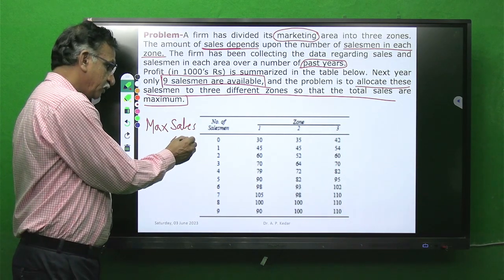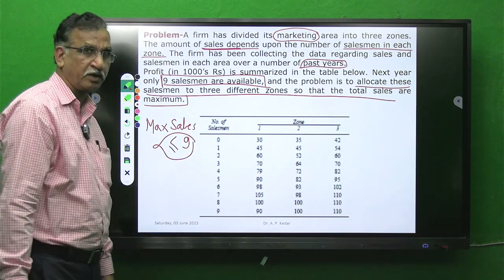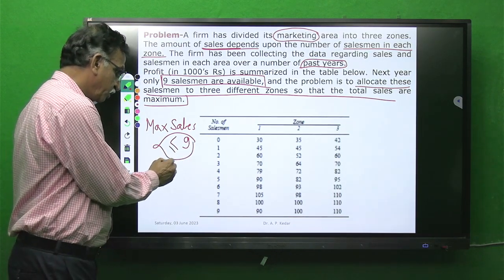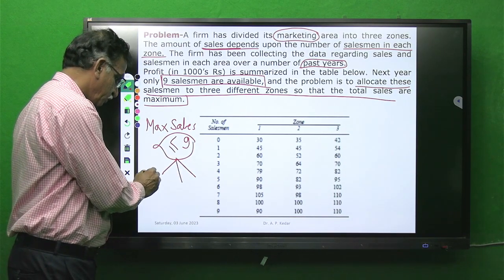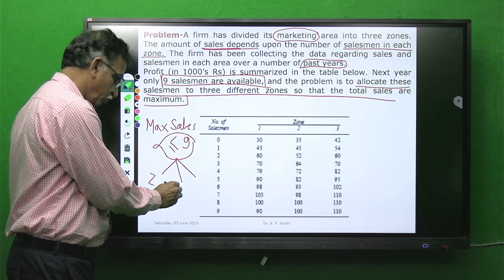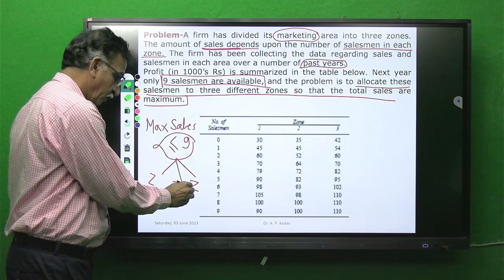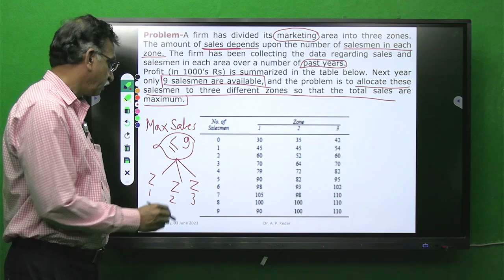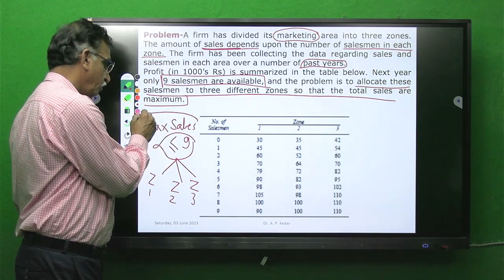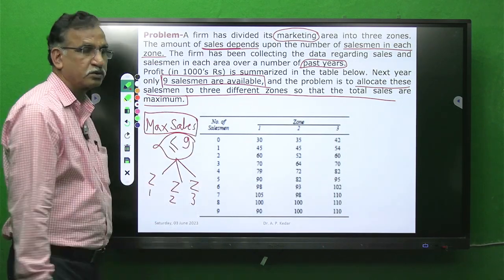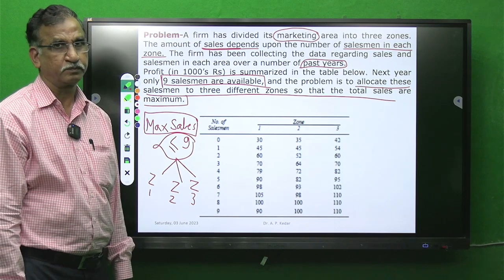With these constraints on the total number of salesmen available, and distributing these salesmen in zone 1, zone 2, zone 3 as a marketing strategy, we have to maximize sales. That is the objective function.